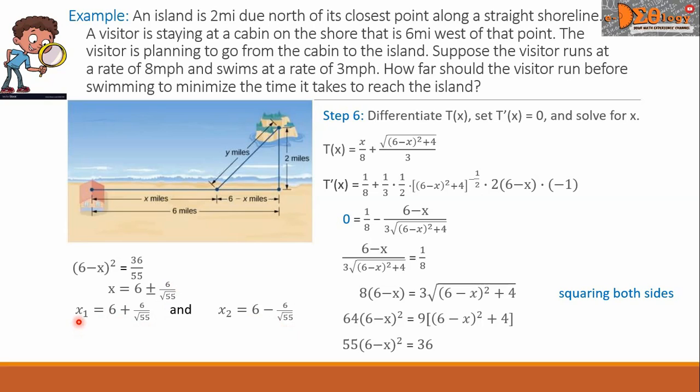If we analyze x sub 1 and we consider step number 5, we can see that this x sub 1 value is out of the domain because our domain is from 0 to 6 only. It means this value x sub 1 is not accepted. The x sub 2 value is the accepted one.